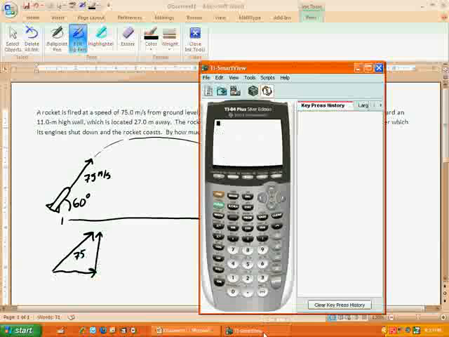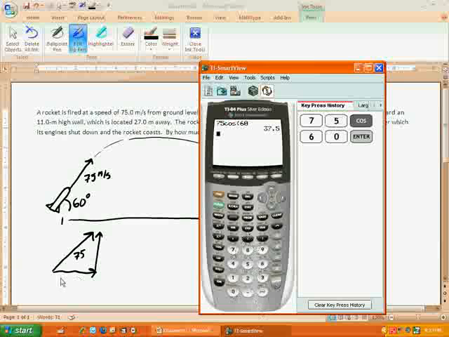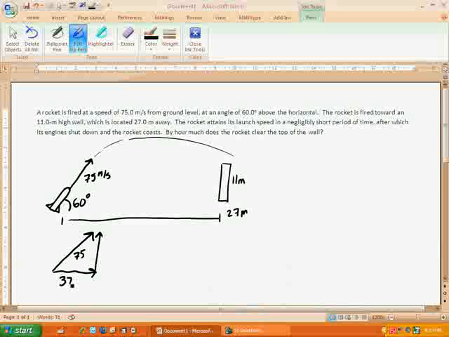Okay, so I'm going to bring up my calculator. To get the adjacent side I'm going to need cosine, so that will be 75 cosine of 60, which is 37.5. Many of you knew that because of special 30, 60, 90 triangles.